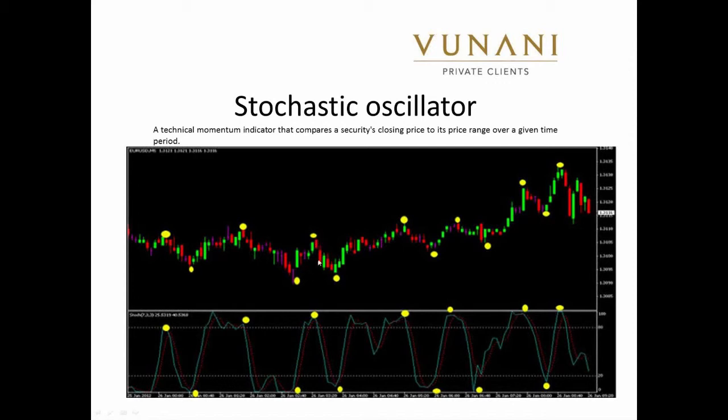So this also helps you gauge a better point of entry, because it would be kind of silly to buy a share that's been trading in an overbought range for a while. So typically what you would do is wait for it to come down a little bit, wait for the stochastic oscillator to come out of its oversold area, and it'll give you a better opportunity to buy. And that way you're going to make sure that the momentum is on your side.